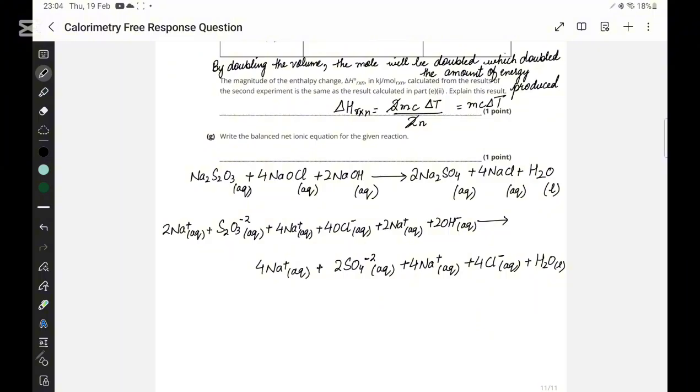So on the left hand side, first of all, let's see Na. There are 8 Na on each side, and they would cancel with the Na on the other side. That is all that cancels, because all the others are different.